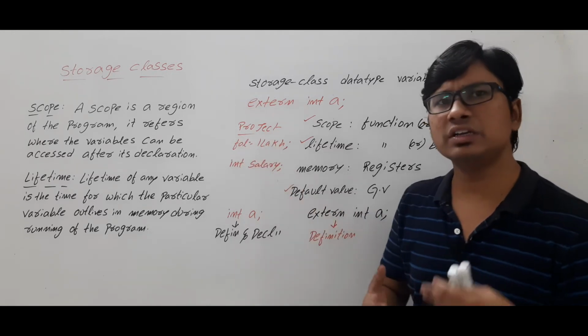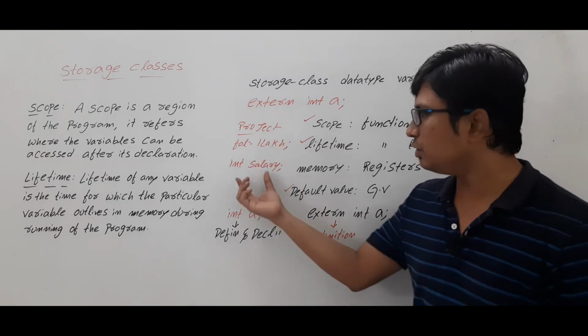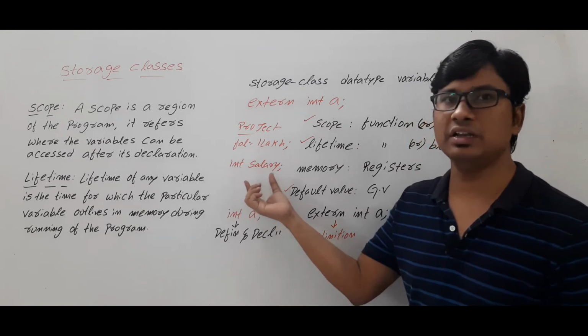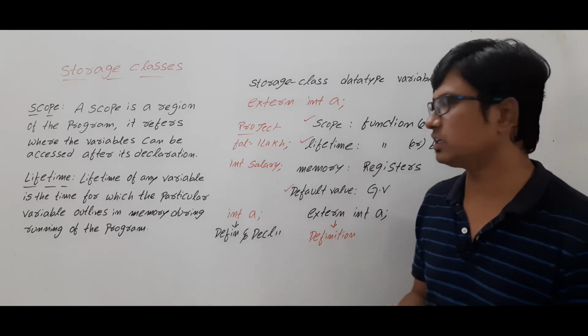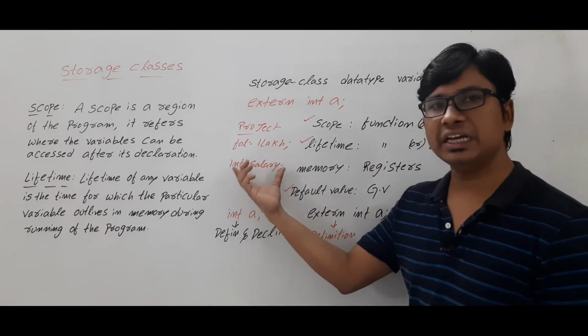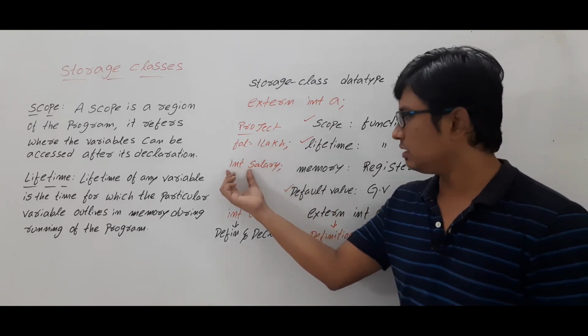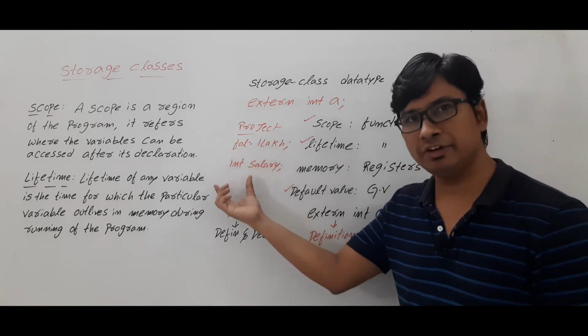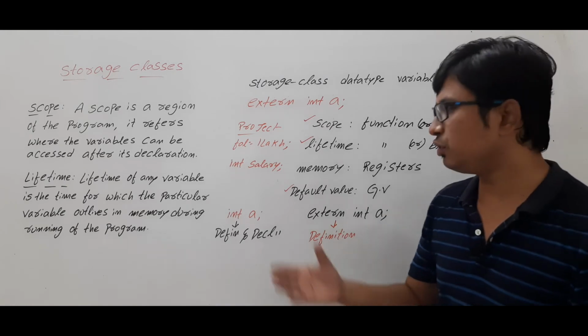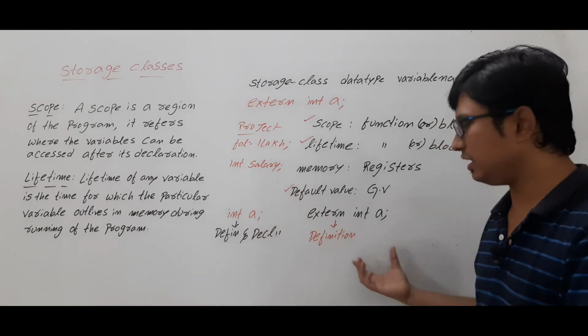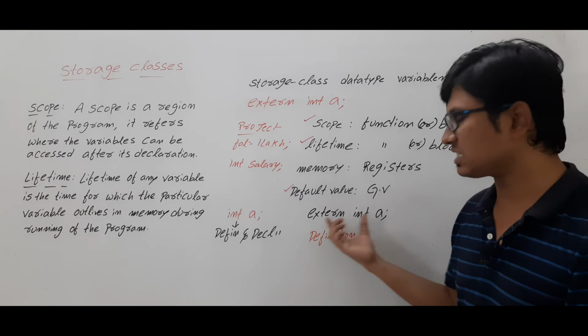Now a project is what? It is a collection of files. If you want to use this variable called salary in several files in a particular project, then you can make the variable salary a global variable in one of the files. Then if you want to access it in other files, you have to declare it as an external variable.